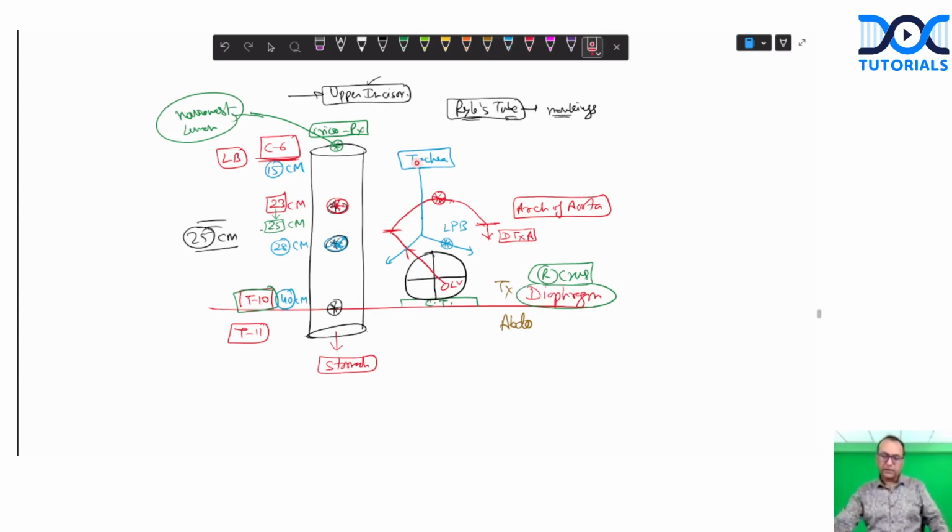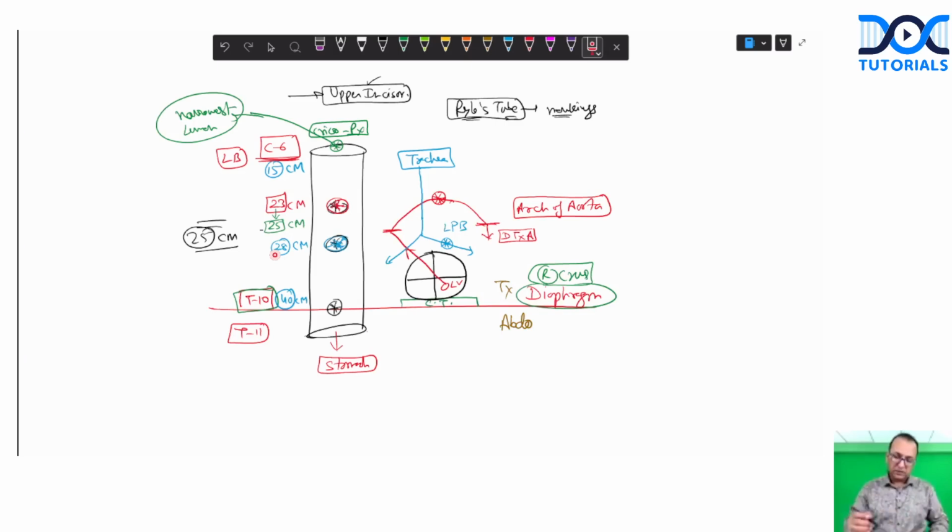As we understand, the trachea in the midline gives the right principal bronchus and left principal bronchus. Since the esophagus is to the left side and the trachea to the right side, it is the left principal bronchus behind which the esophagus is compressed. So the left principal bronchus compresses the esophagus posteriorly, at 28 centimeter.